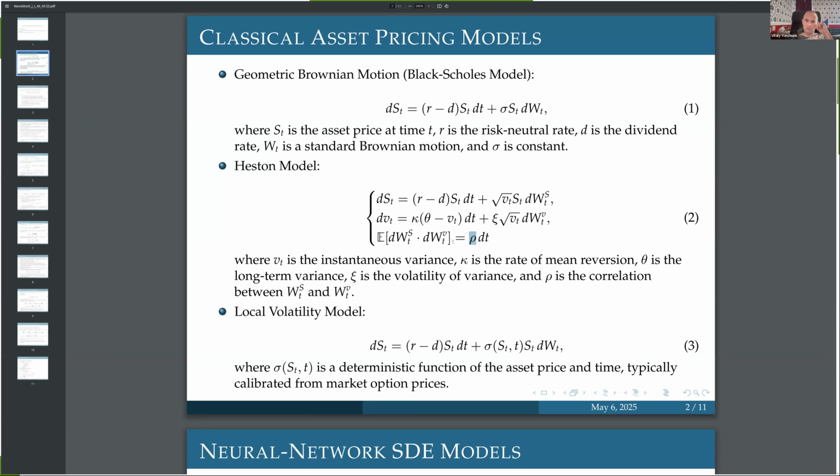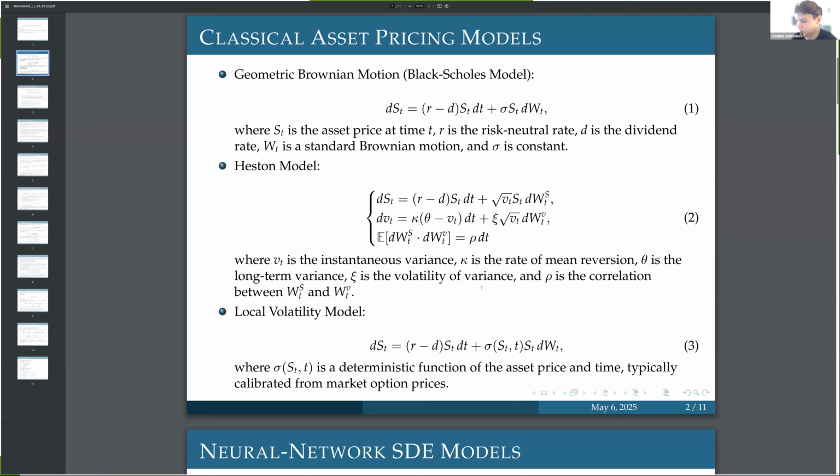Is this a dot product of two vectors? We can assume that it is a dot product of two vectors, but it's just a notation that these two Brownian motions have a correlation in time. So they're not independent random variables, you're saying. Yeah, they're not independent.